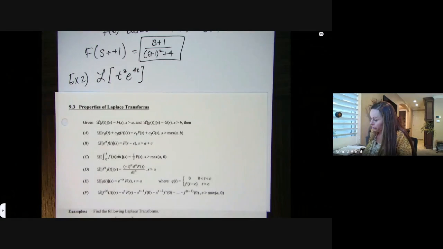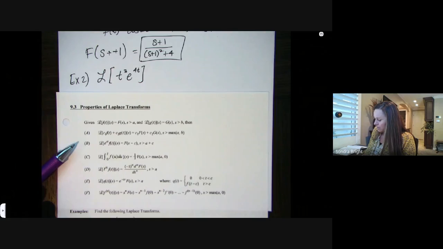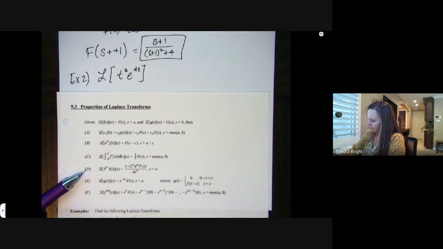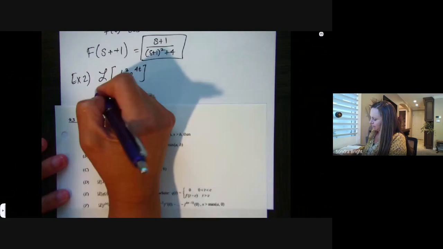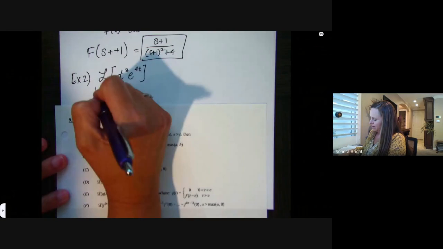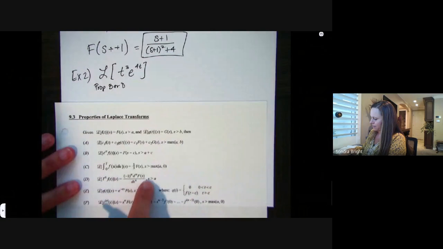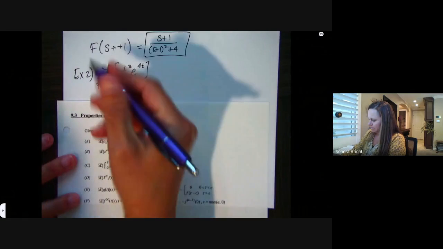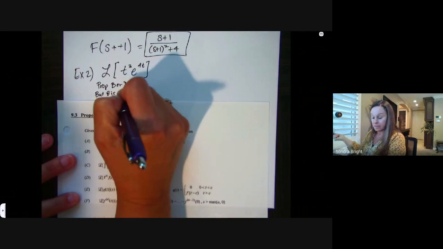You definitely could use property B again, or the other one it matches is property D. You could do either B or D. But on first glance, here I'd have to take the third derivative of this, so I think B is easier. Hopefully you see that.